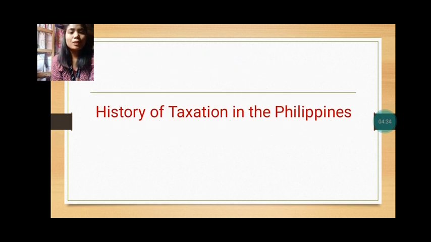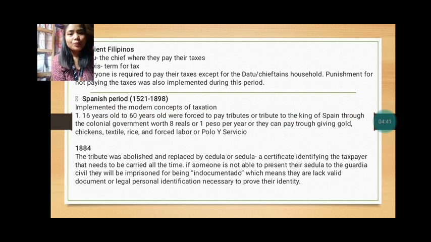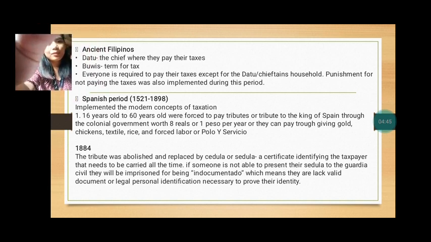So, punta naman tayo sa history of taxation in the Philippines. During the ancient Filipinos o nung pre-colonial period, yung buwis is the term for tax noon, and yung binabayaran nila ang kanilang buwis sa datu or yung leader nila sa isang community.